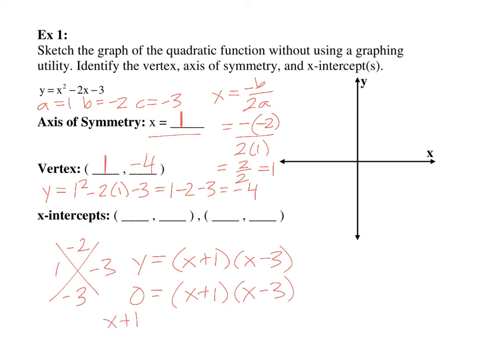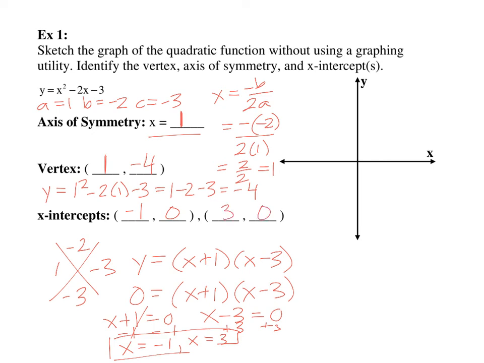So x plus 1 equals 0, and x minus 3 equals 0. I'm going to subtract 1 here, and I get x is equal to negative 1. And then I'm going to add 3, and I get x is equal to positive 3. And there are my two x-intercepts. So I have negative 1, 0 for one intercept, and 3, 0 for the other intercept.